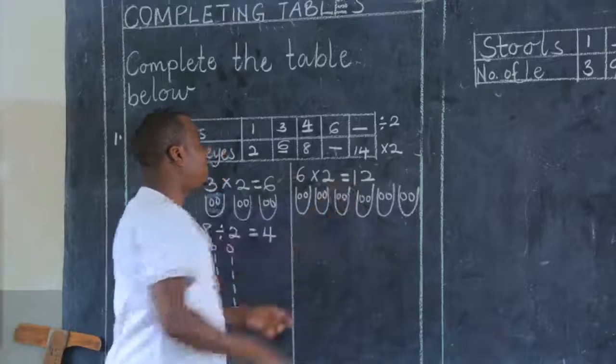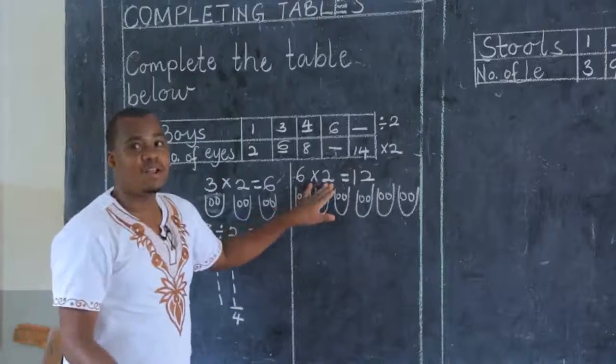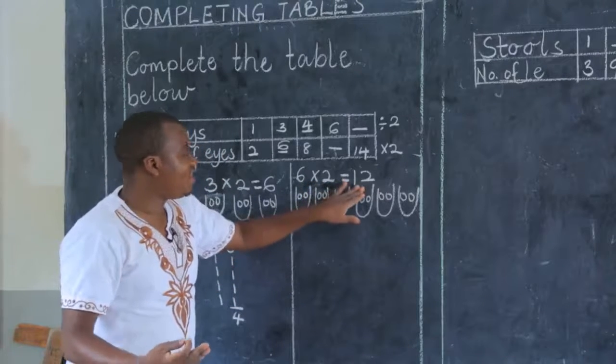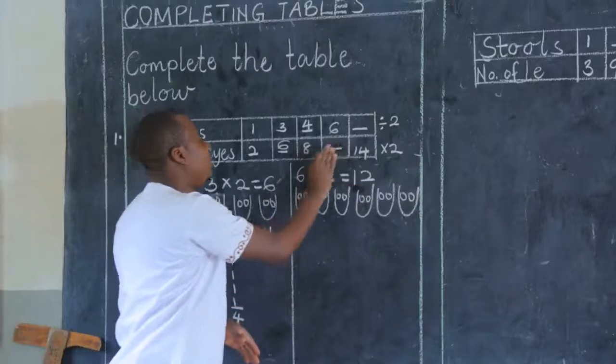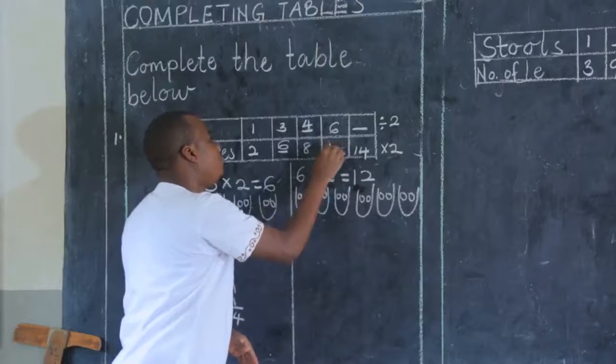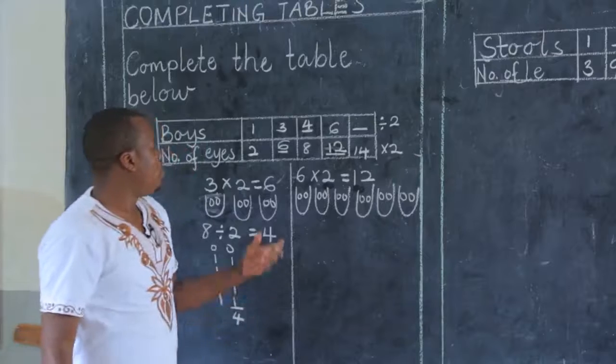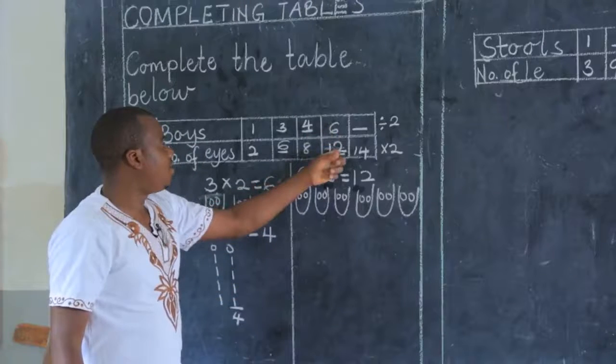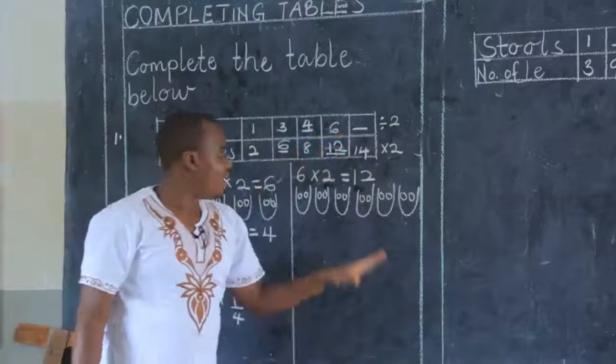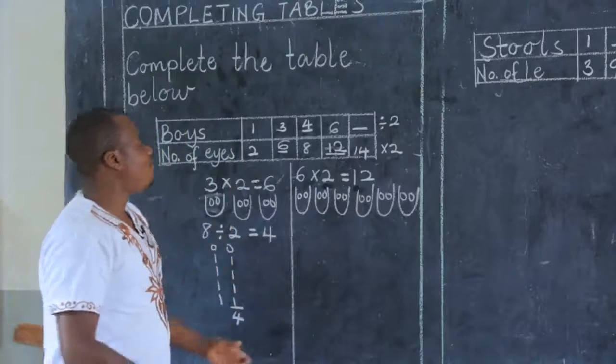So 6 times 2 is 12. And we said, after getting the answer here, go and complete the table. Don't leave your answer there. So meaning 6 boys will have 12 eyes. That's okay. So can we go to the very last one?